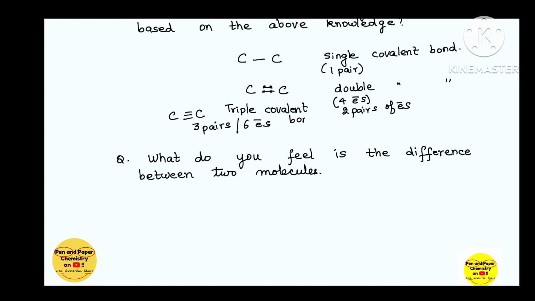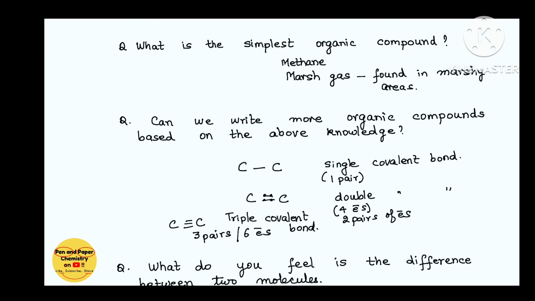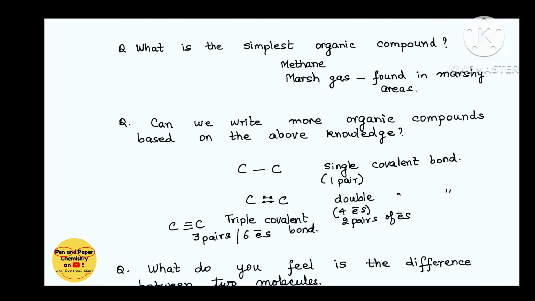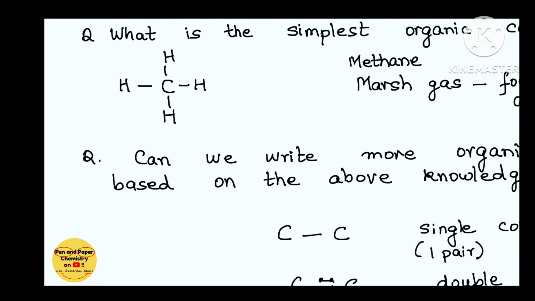Now, what is the simplest compound of carbon that we know? Carbon bonded to the smallest atom that we know, and that is hydrogen. That's the simplest organic compound. What is the name of this compound? It is known as methane.